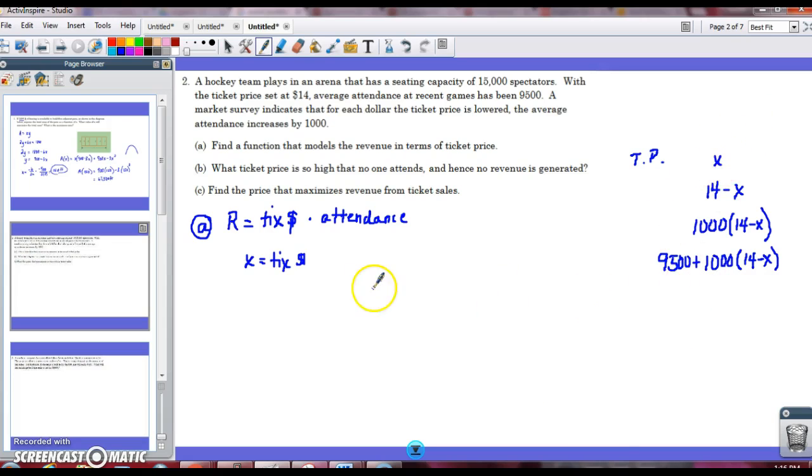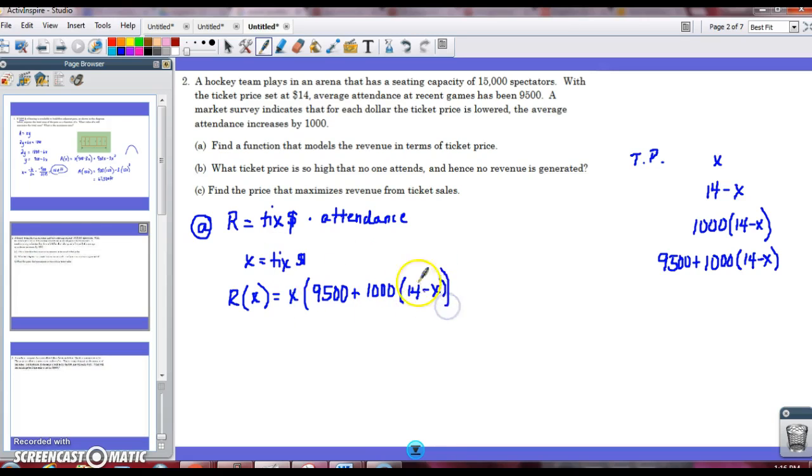Our ticket price is x, so our revenue, R of x, is just going to be our ticket price times our attendance, 9,500 plus 1,000 times 14 minus x.